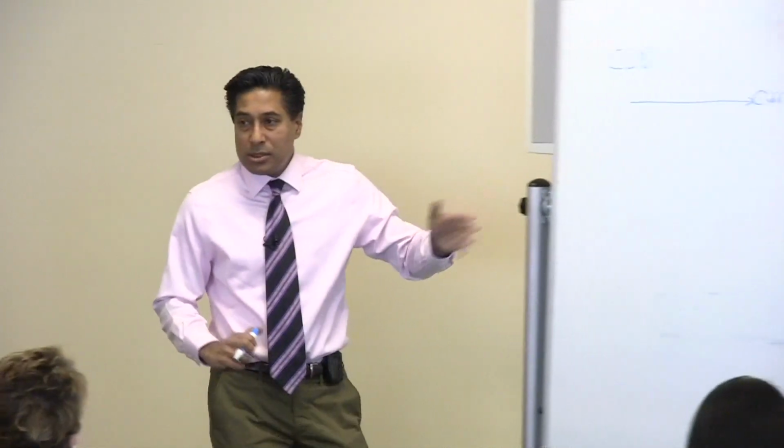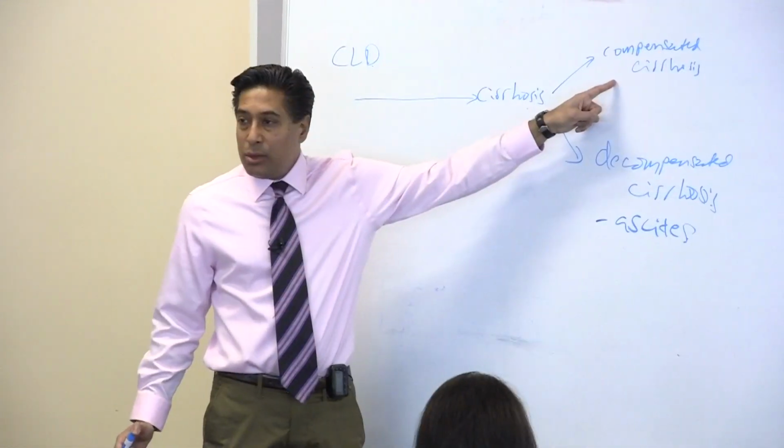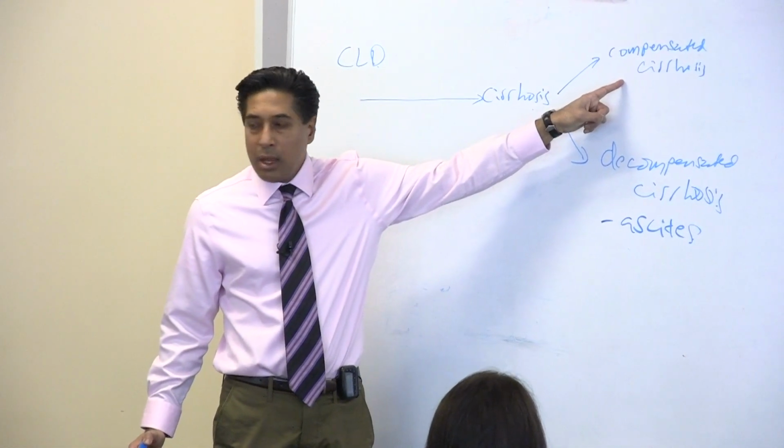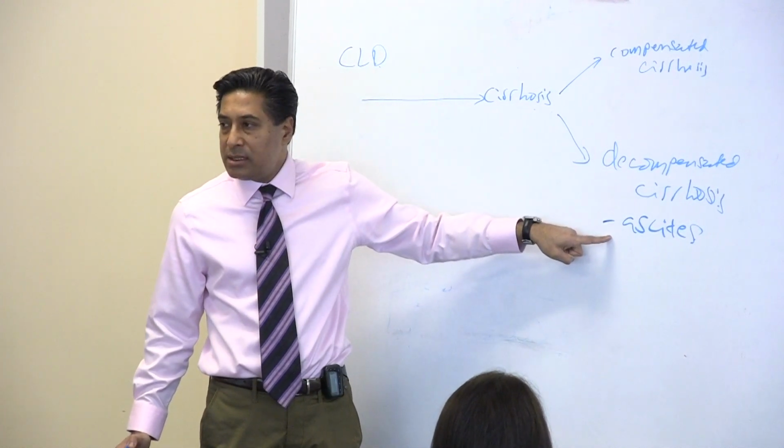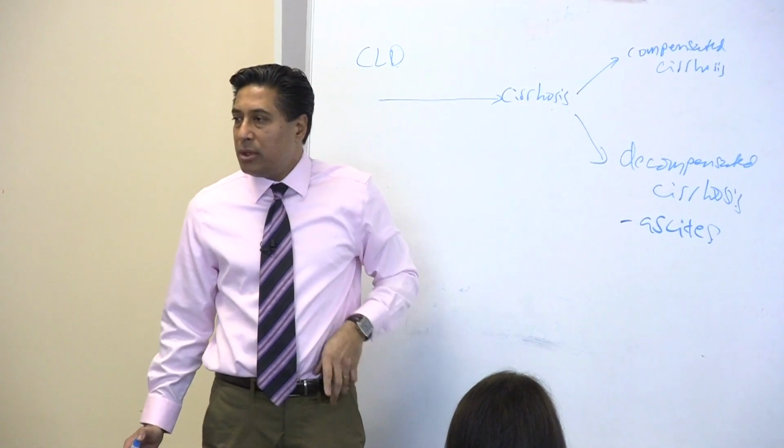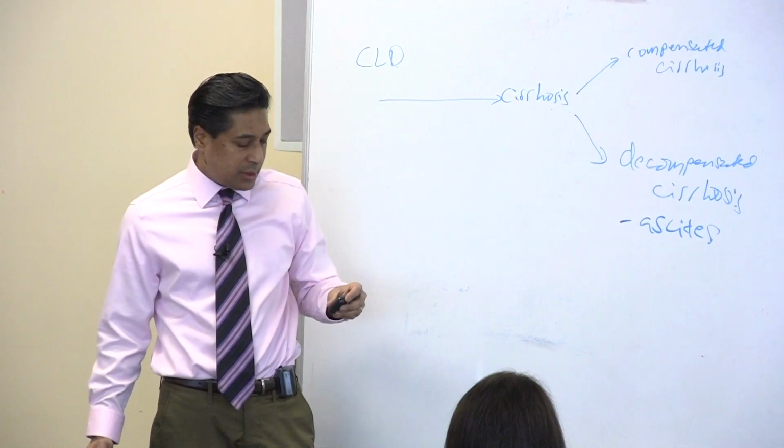So this is huge. You can go on like this for a very long time. The moment you develop ascites, you're in trouble. You've now moved into the decompensated range.